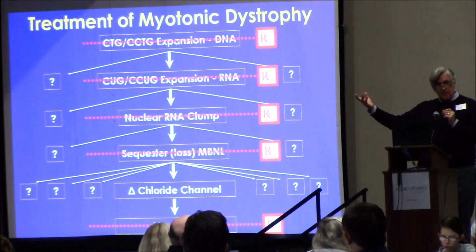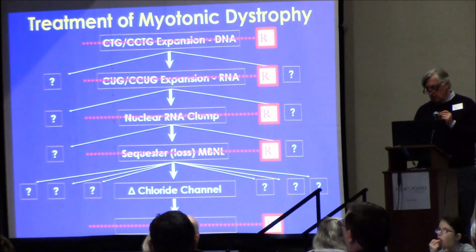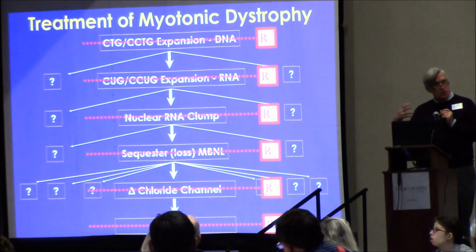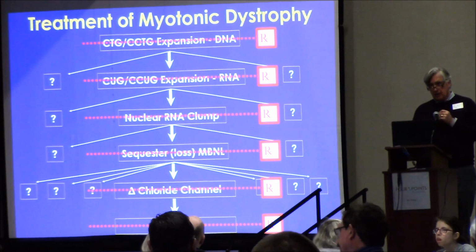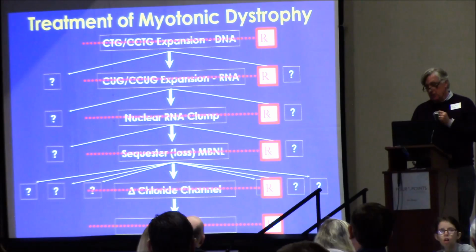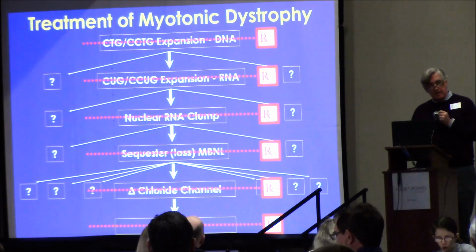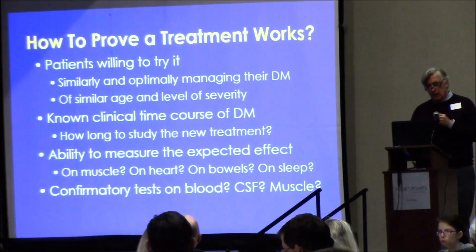You can grease the MBNL so it won't stick to it, and there are companies working on that. Or you could change the splicing of the chloride channel, and there's a way to do that, but I don't think that's terribly practical for clinical use. It is used in mice. So you begin to see all of the possibilities towards treatment.